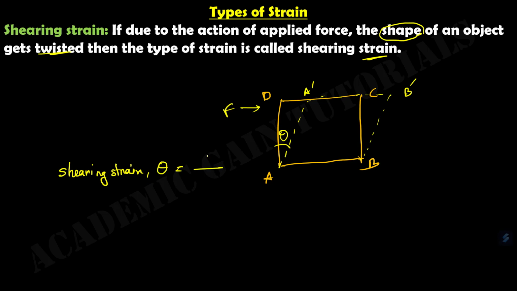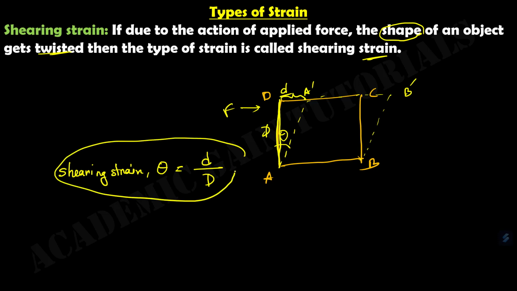Theta equals small d by capital D. So what is small d? Small d is the change due to force, and capital D is the actual length of this object. This is the formula of shearing strain.